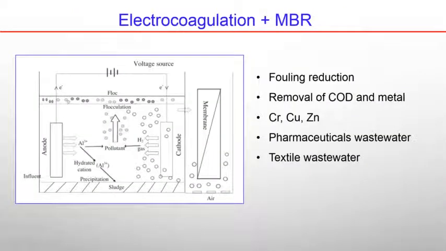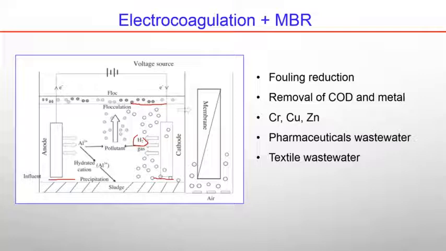Next is electrocoagulation combined with MBR. The metal ions are generated at the anode, while hydrogen gas is generated at the cathode. The released hydrogen gas will assist in floating the flocculated particles to the surface.